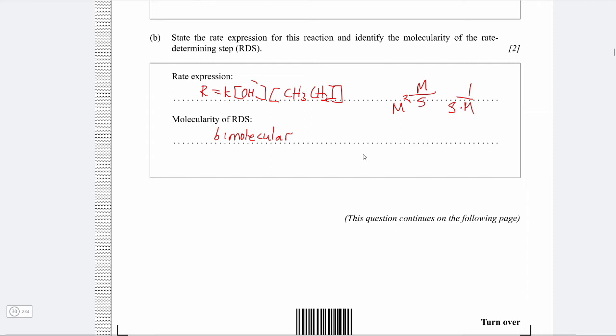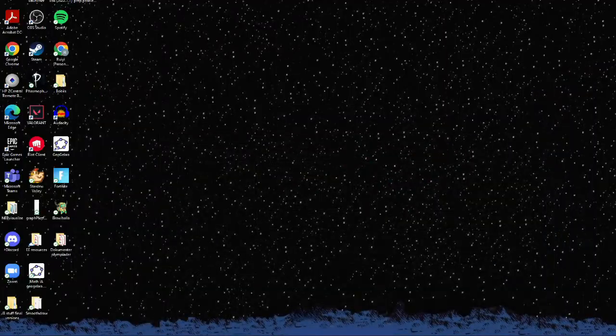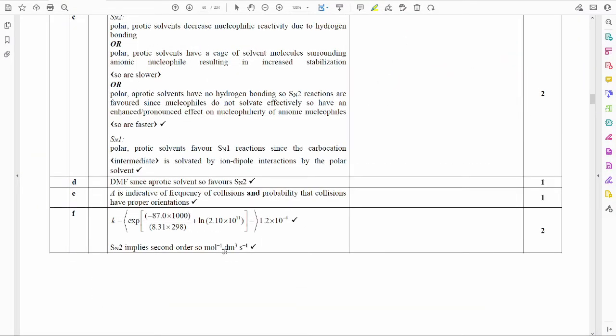So concentration is in moles per decimeter cubed. So if you divide by that, you get decimeter cubed per mole, and then per second from dividing by time. This should be T, of course, not S. The unit is s. So oops, that's how you get the correct unit there.